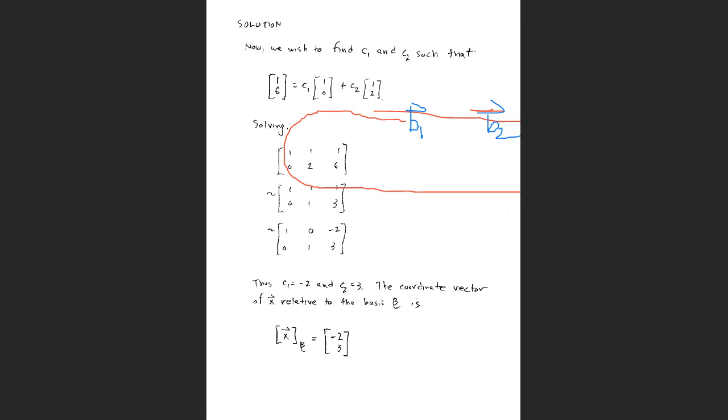In order to answer this question, we need to have the right vector equation. And this is exactly what we're doing. If we want to find these coordinates, c1 and c2, the coordinates of the vector x relative to this new basis script b, we need to solve this vector equation.